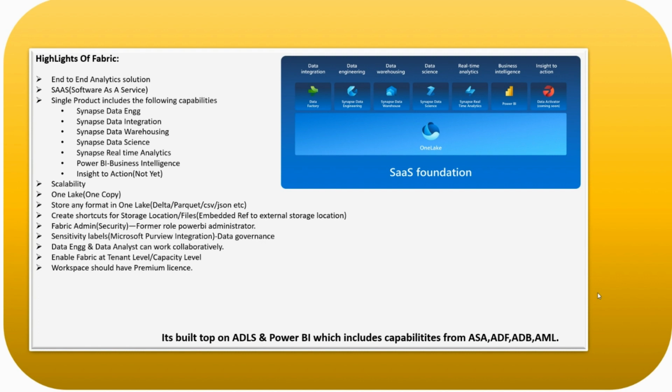But if I don't want to enable Fabric at the organization level and want to do it at capacity level, which means at a group level, I hope you know what an Azure Active Directory group is. If I want to enable Fabric at a group level, I can also do that.